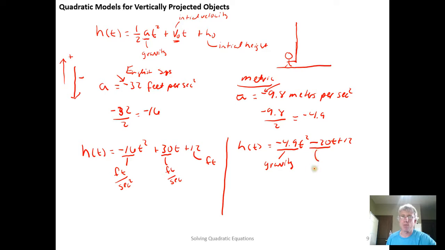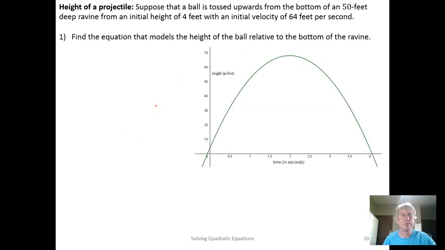So this -20 would be -20 meters per second. Negative would indicate that the object was launched towards the ground. A +30 would indicate that the object was thrown upwards. And this 12 would represent 12 meters, or the initial height. So this is a typical setup for modeling vertical or projectile motion using a quadratic model.